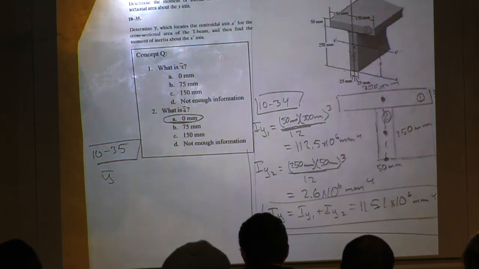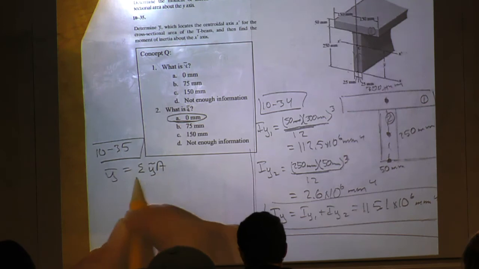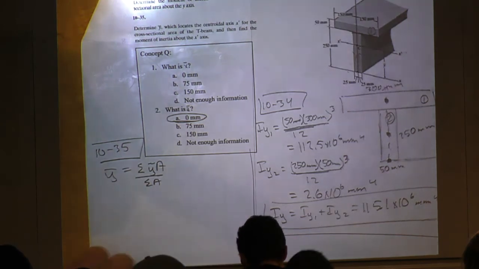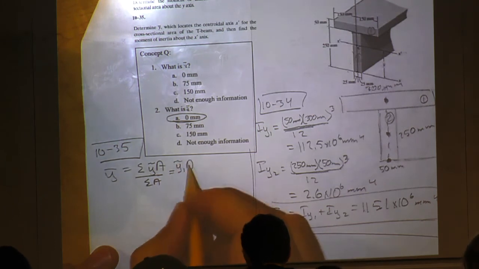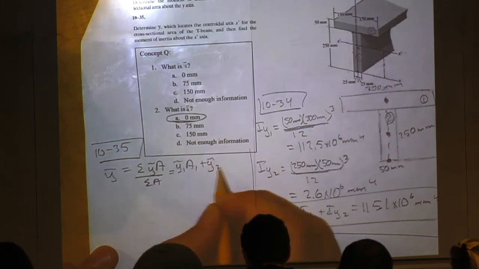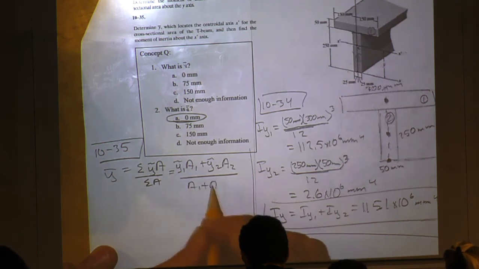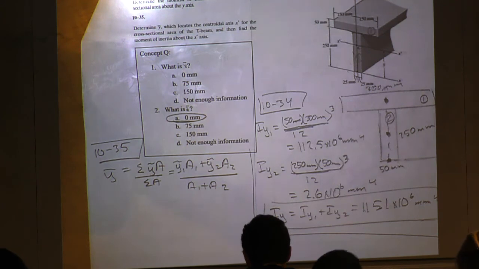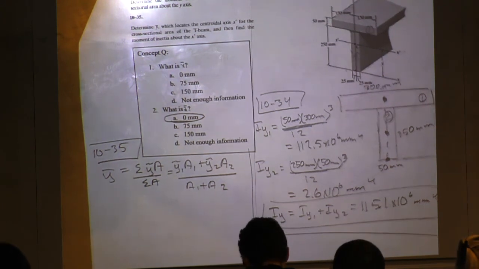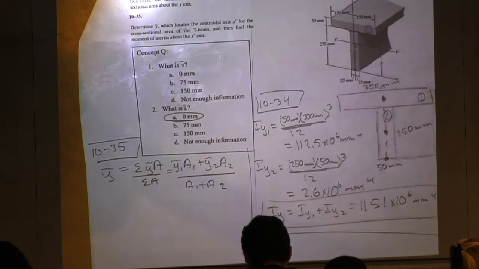We're good. So y bar is equal to the sum of y tilde A over the sum of A, right, which includes y1 times A1 plus y2 A2 over A1 plus A2. So we're pretty much going to be evaluating these structures, and now is when height matters.